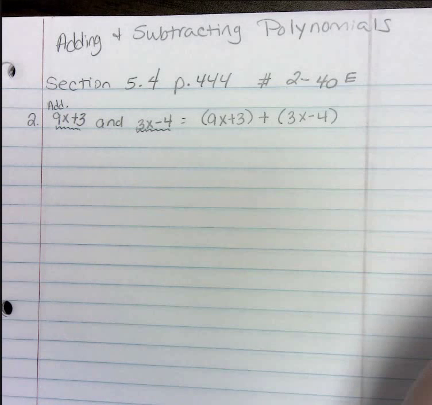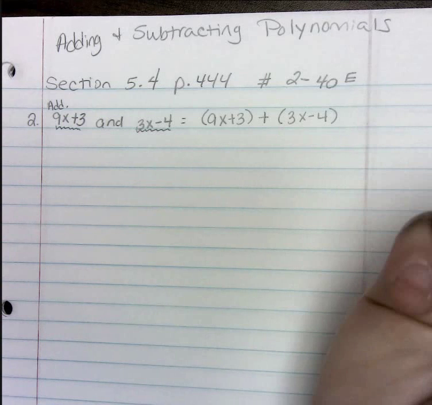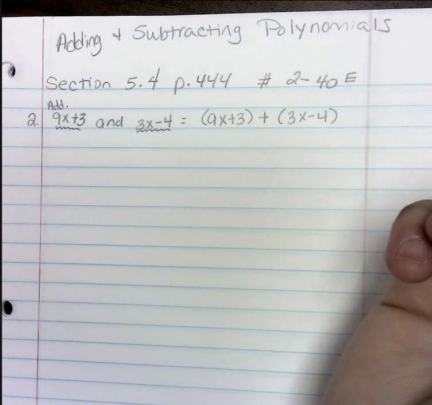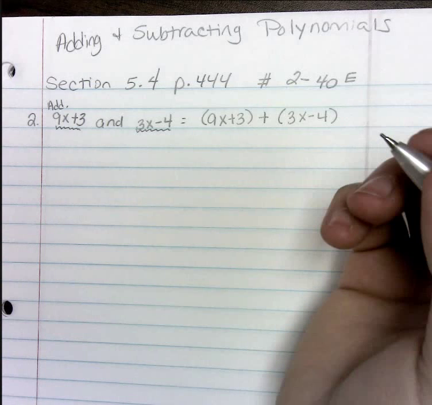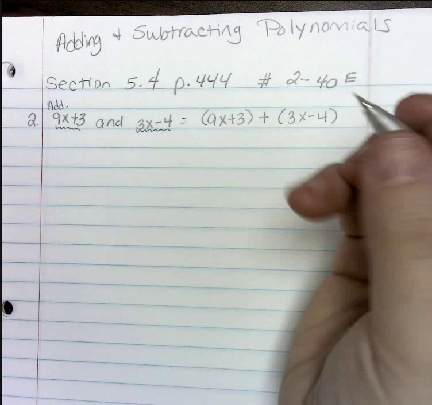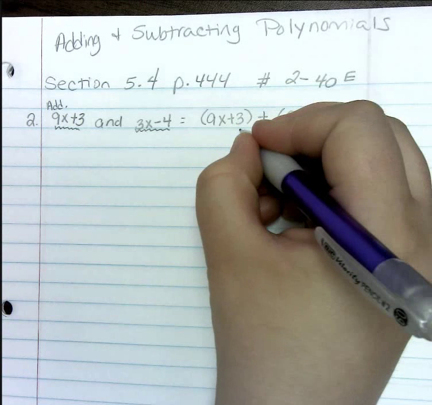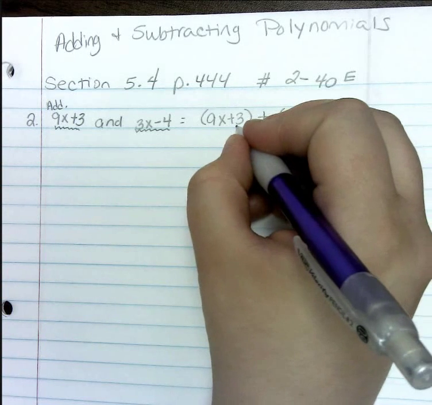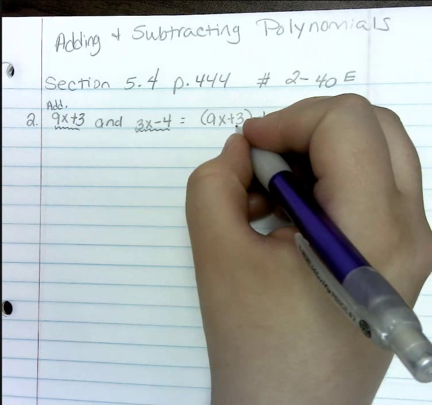So now that we have our problem set up, we can go ahead and see what we need to do to release those parentheses. There are 2 questions we need to ask. The first question is, can I combine my terms inside of my parentheses? The answer is no, because they are not like terms. Remember, in like terms, you have to have the same variables and exponents.